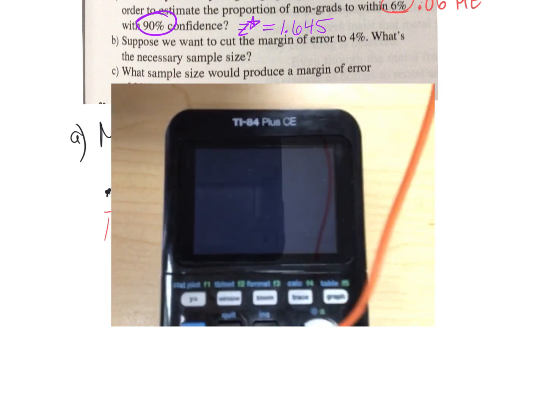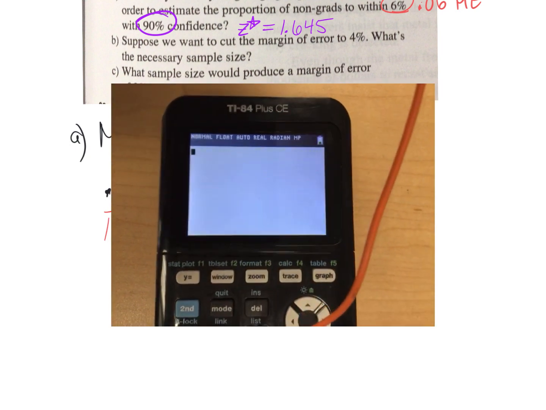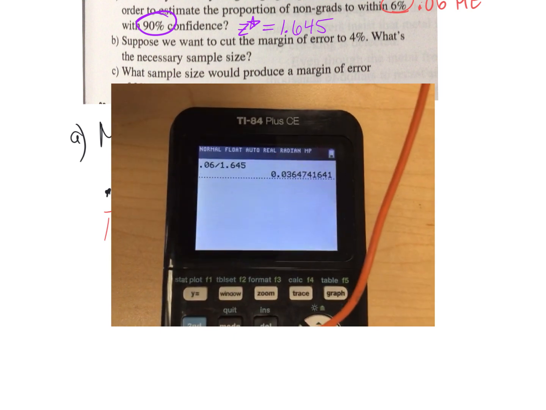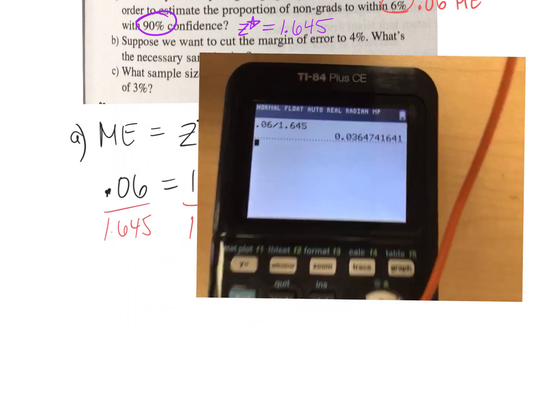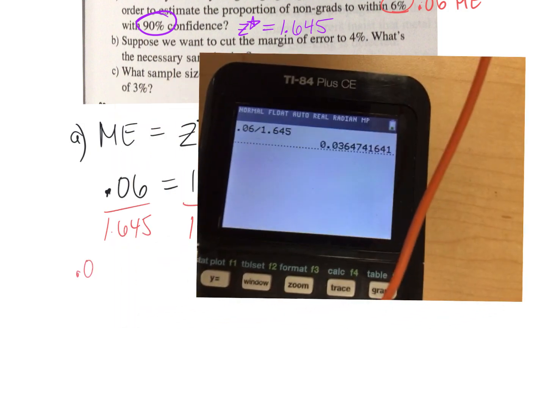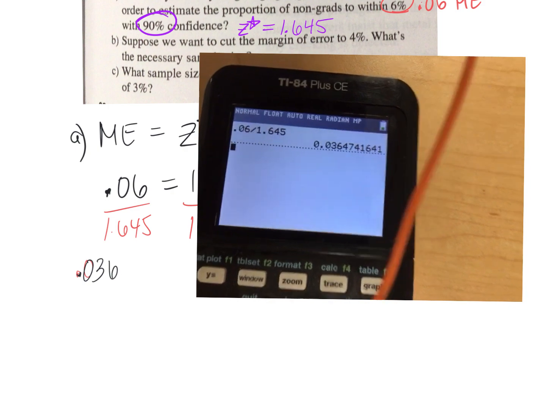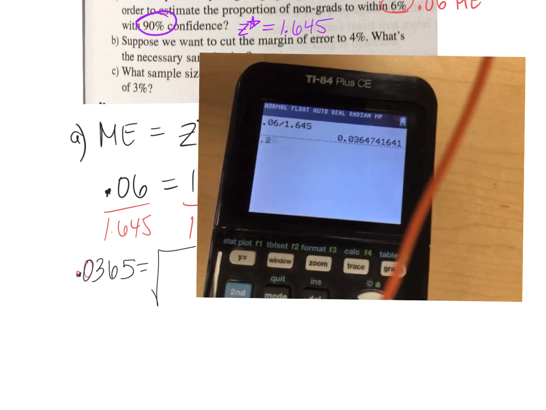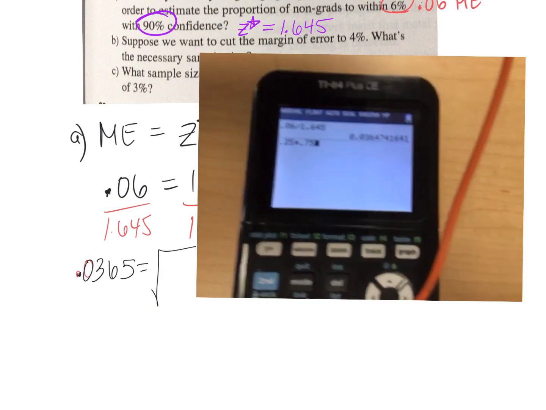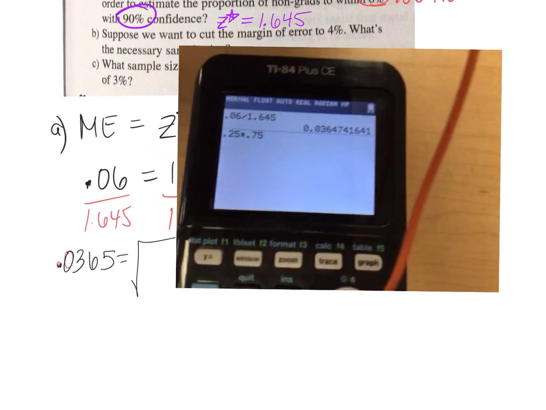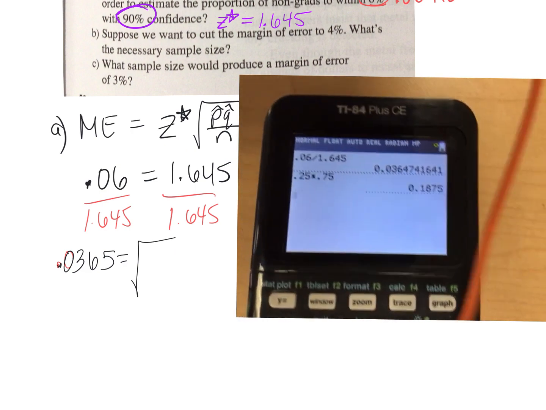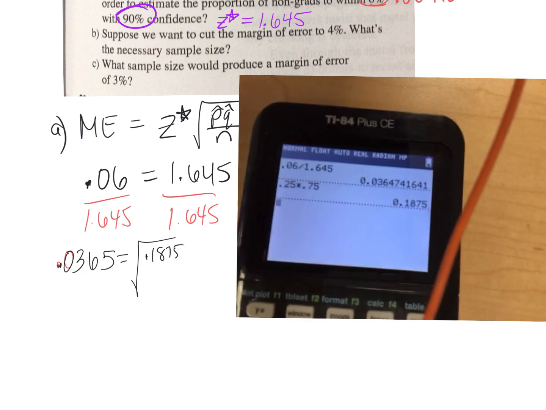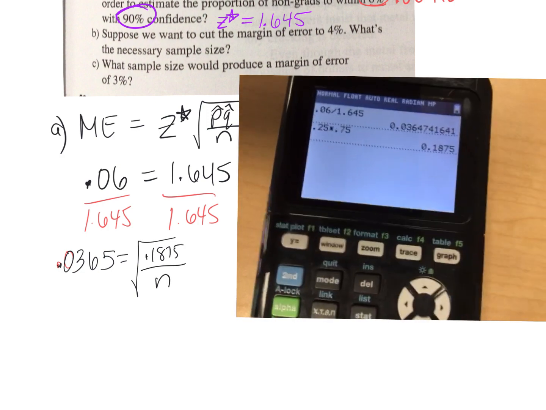So in my calculator, 0.06 divided by 1.645 is 0.0365. That equals the square root of 0.25 times 0.75, which is 0.1875, over n. Okay.